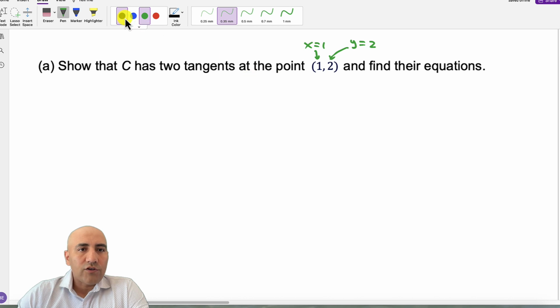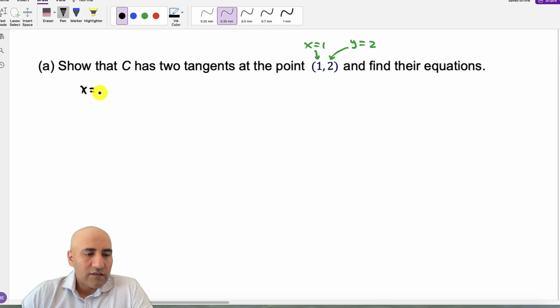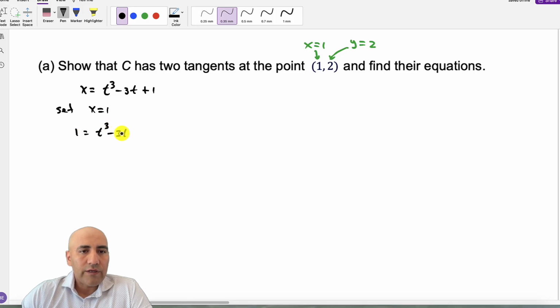So we take our equation, x = t cubed minus 3t plus 1, and we set x equal to 1. So we have 1 = t cubed minus 3t plus 1, and we solve for t. So I'm going to subtract 1 from both sides.